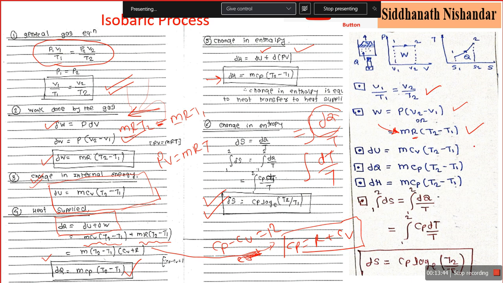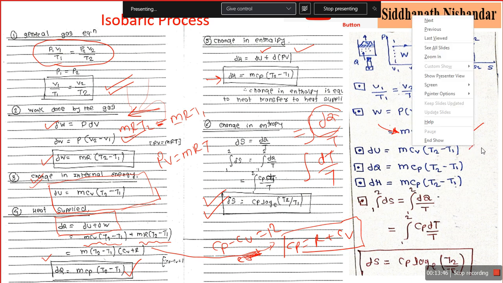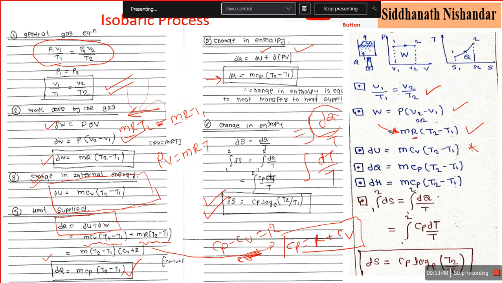Then the change in internal energy. If you see here, the change in internal energy and the change in enthalpy are the same for both isochoric and isobaric processes. The only change is heat supplied. If you remember the previous lecture, heat supplied in the isochoric or constant volume process is m Cv delta T. The only change is that for isobaric, Cv is replaced by Cp.